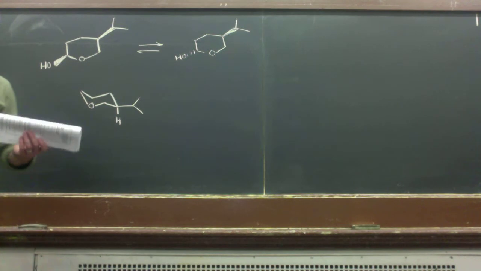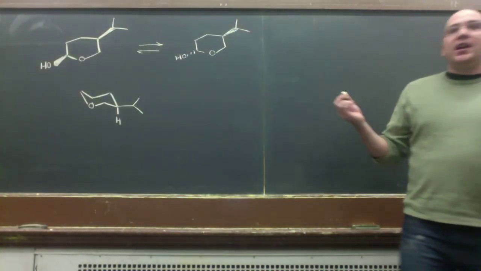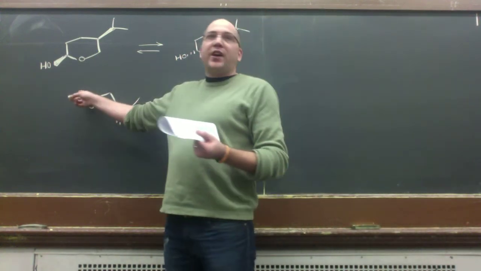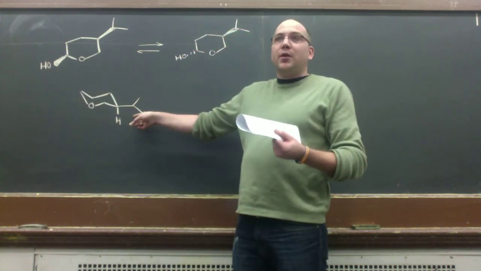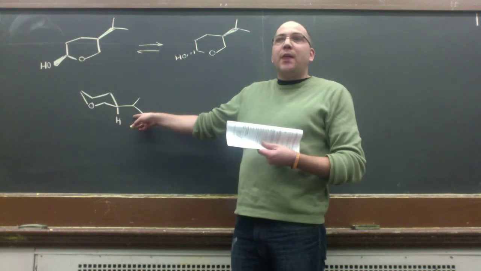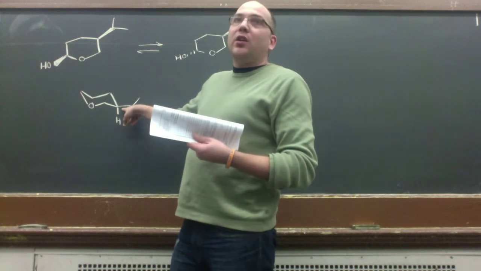I had a ton of quizzes where people were drawing this in the axial position, as if somehow the anomeric effect over here might cause some reason that this would want to be axial. I don't know if that was the reason or not, but that's what I was getting, a lot of answers where this was drawn in the axial position.